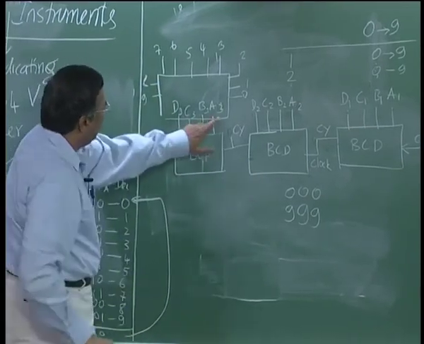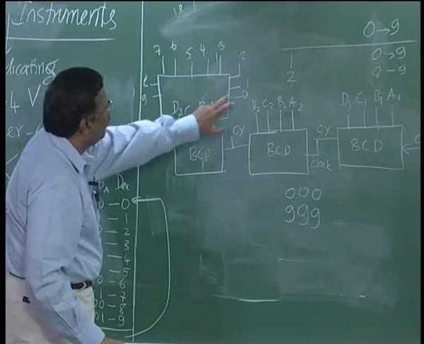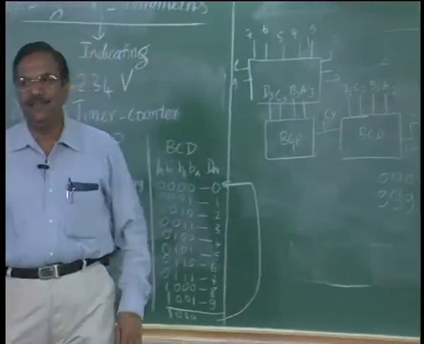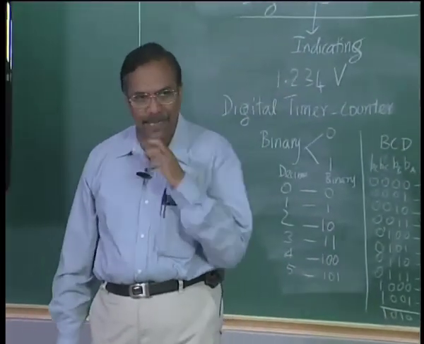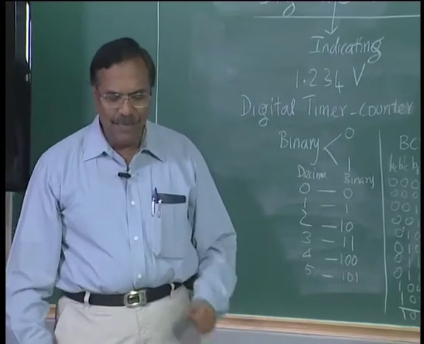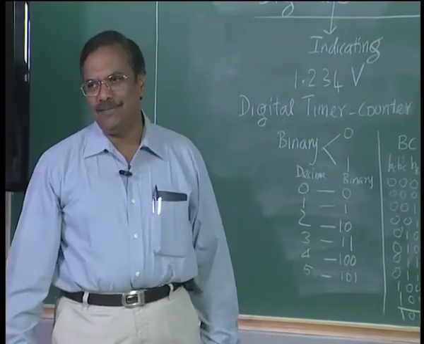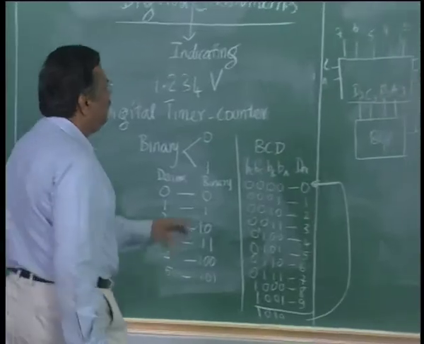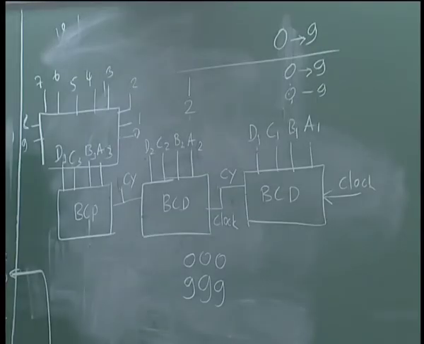If A, B, C, D is 0, 0, 0, 0, the 0 output will be active. If A, B, C, D is 0, 0, 0, 1, the 1 output will be active, right. So, we call this a BCD to decimal decoder.